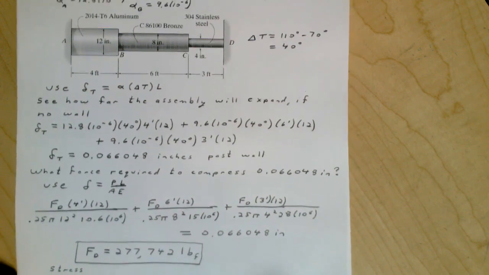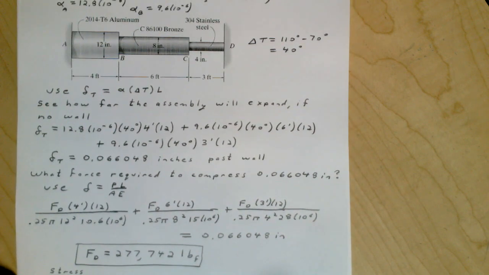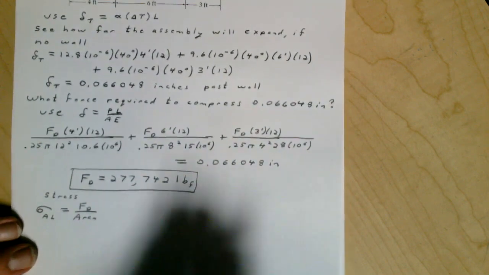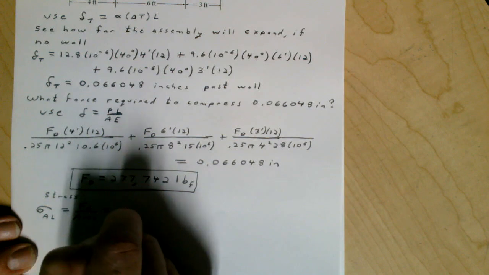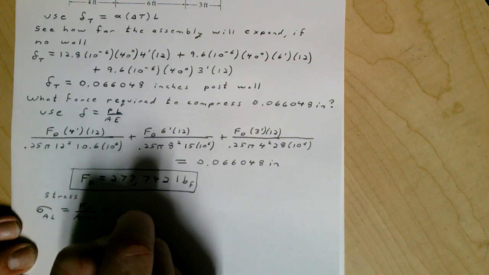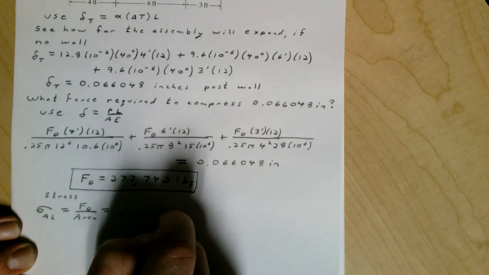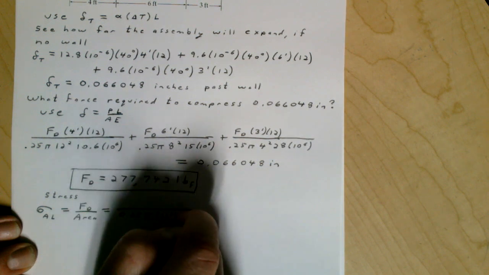And again, for the aluminum, our diameter is 12 inches, so the area is going to be 0.25 pi times 12 squared.